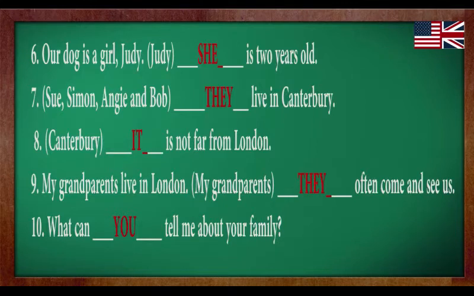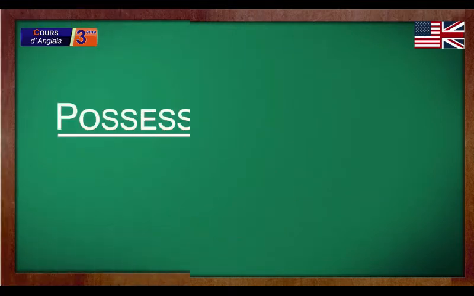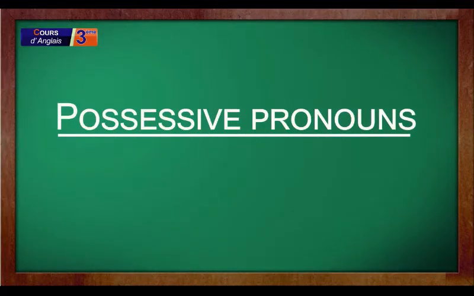My grandparents often come and see us." "They often come and see us." 10. "What can you tell me about your family?" What pronoun do you think is missing here? It is, "What can you tell me about your family?" Good job, everyone. Now, let's tackle possessive pronouns.